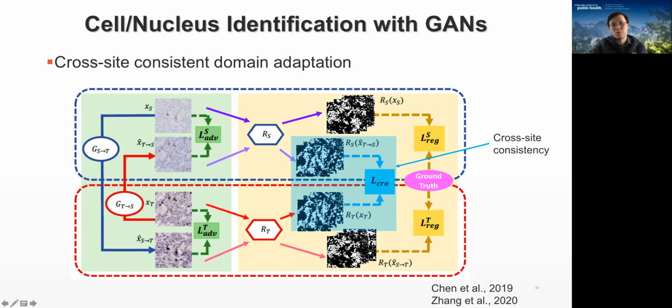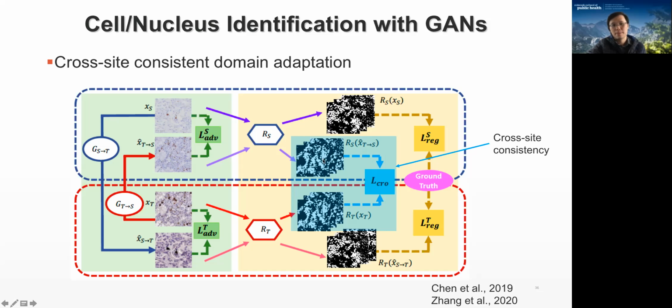But we add an additional constraint called cross-site consistency, which means that although we don't have labels for the target images, the prediction for the target images before and after transformation should be the same, or consistent, because we can use the GAN model to transform the target images to the source style image data, and in the source domain, we have the data annotation for this. We can train the model to do the prediction for these transformed target images, and the prediction looks like this.